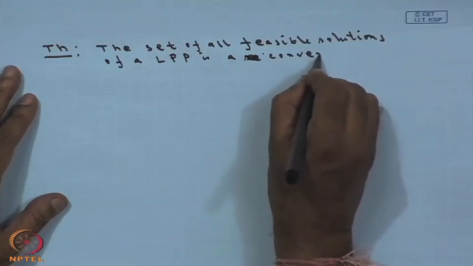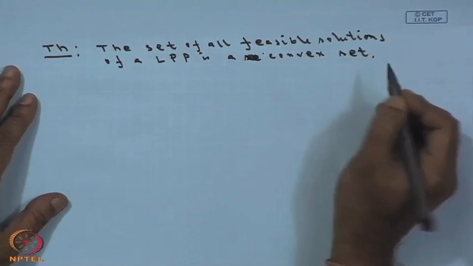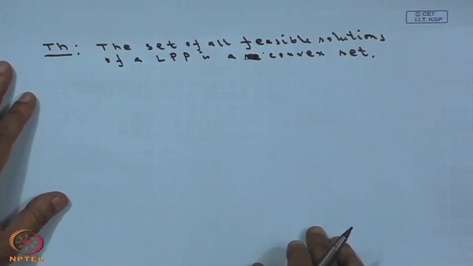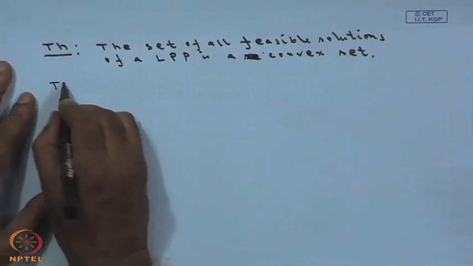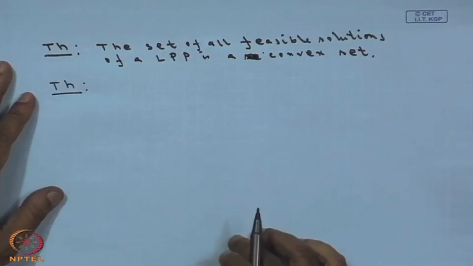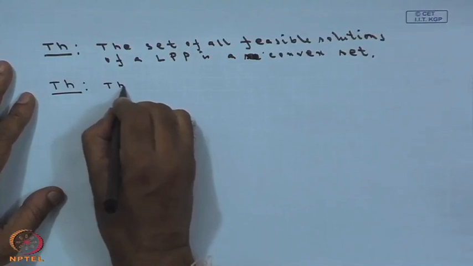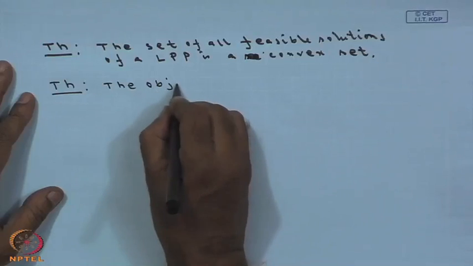Already we have told what is the definition of the convex set. Whenever you are having the convex sets, if you take any linear combination, that will also be a convex set, and therefore, the set of all feasible solutions will form one convex set. This is the first theorem, that if you take any feasible solution of the LPP, that will give you the convex set. The next theorem is the objective function.